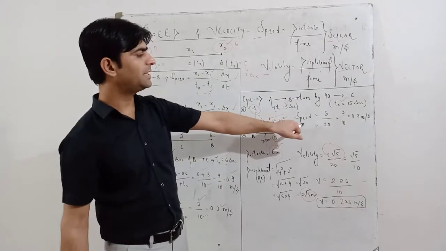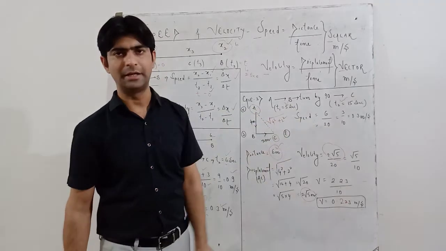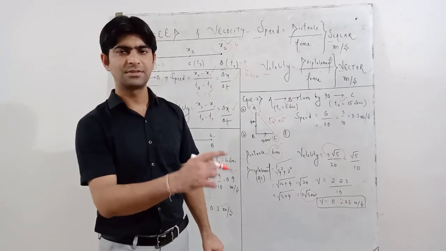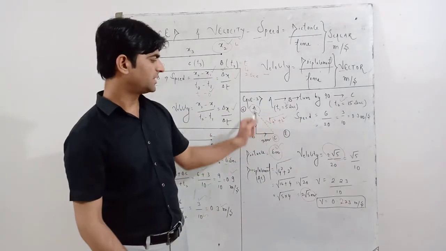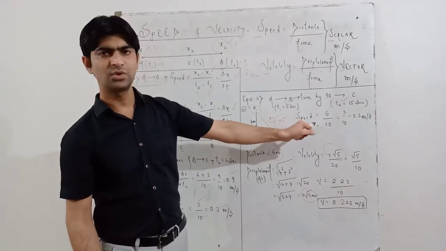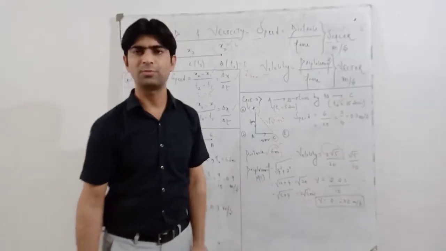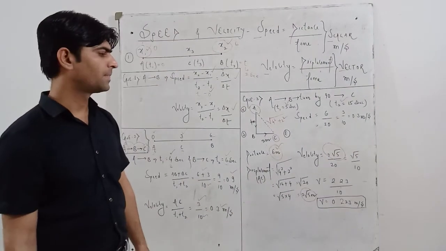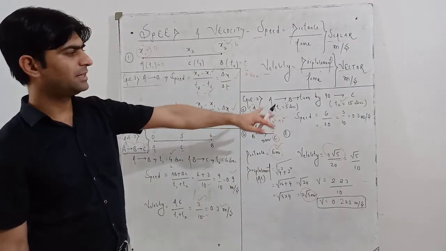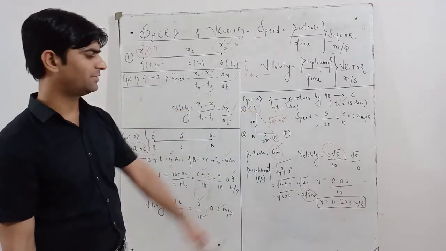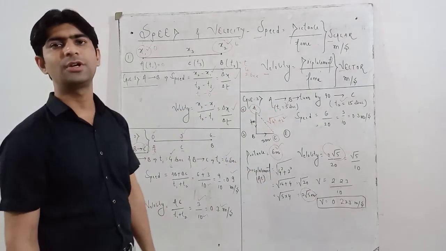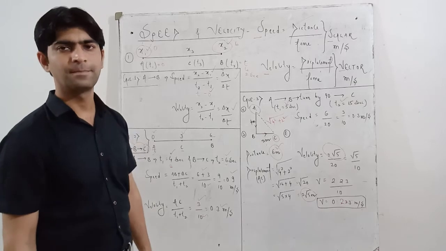If we talk about speed, speed is 6 upon 20, because total distance is 6 meter and time taken is 20, that is 5 plus 15, which equals 0.3 meter per second. So again, if you see here, speed is 0.3 meter per second, whereas velocity is 0.223 meter per second.